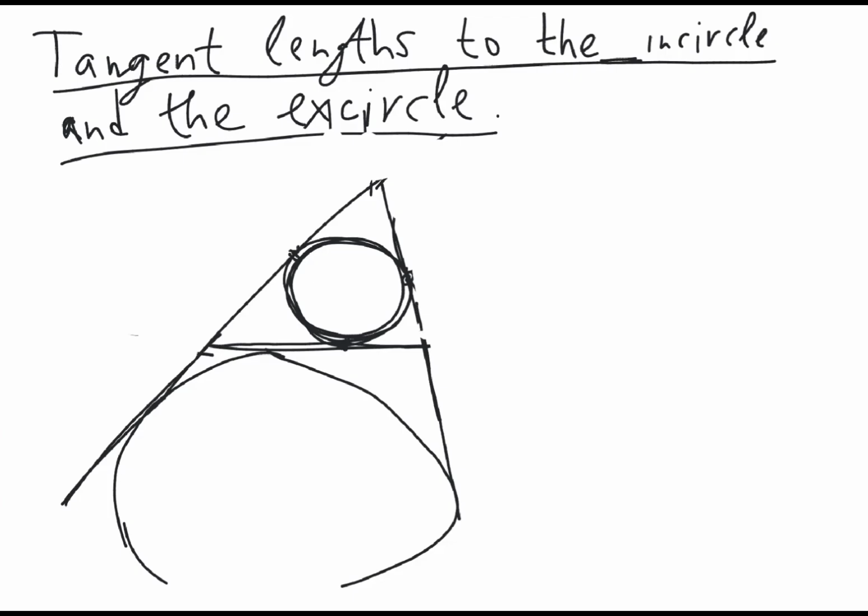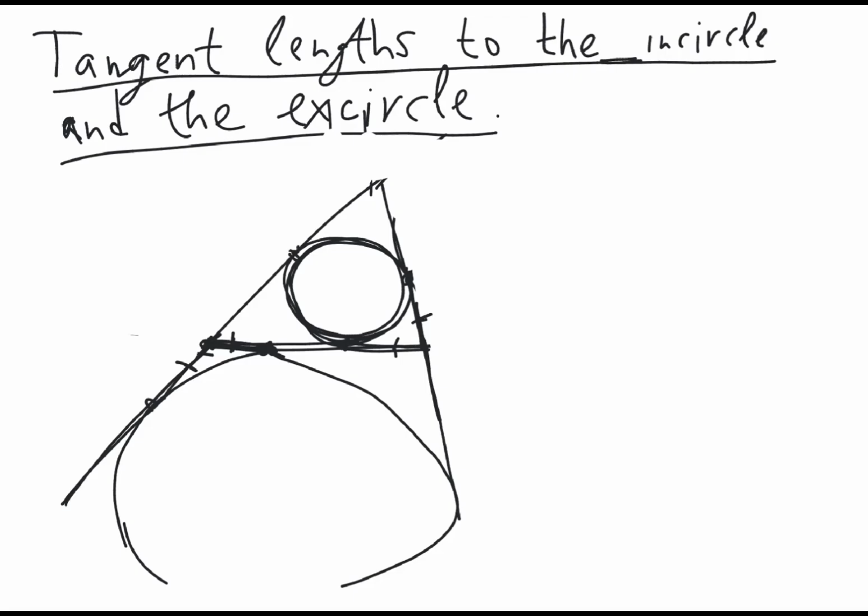Okay, so basically the theorem states that the tangent length from the vertex, so basically this length, of course it's equal to this length, is equal to this length.